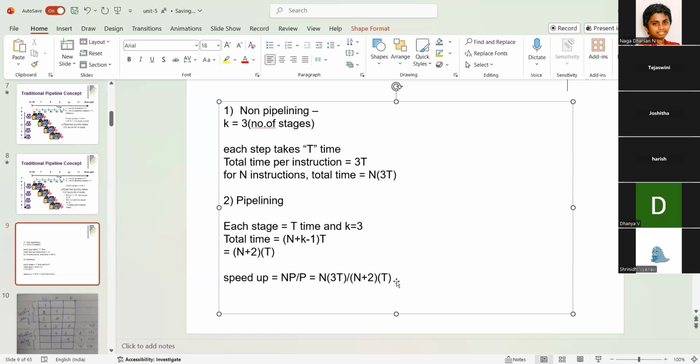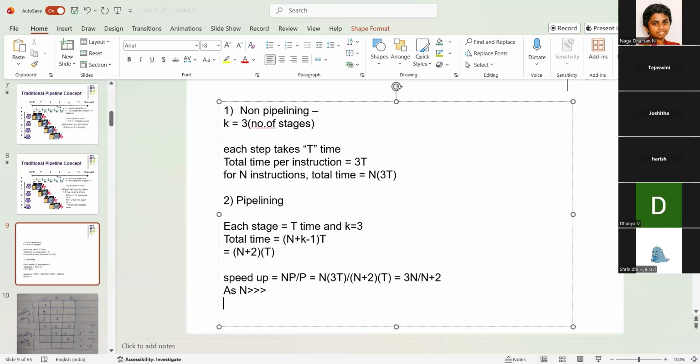So it is 3n by n plus 2. As n becomes larger and larger, what will happen? It will become equal to 3, right?